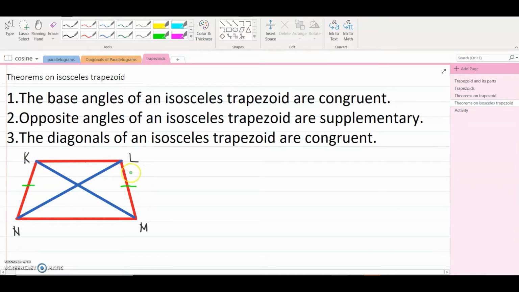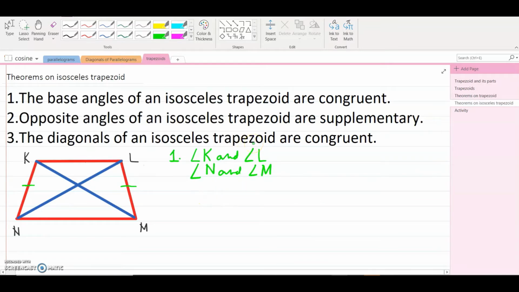Now, for number 1, we are referring to the base angles. So the base angles here, we have angle K and angle L as our first pair, angle N and angle M. So these are the base angles.